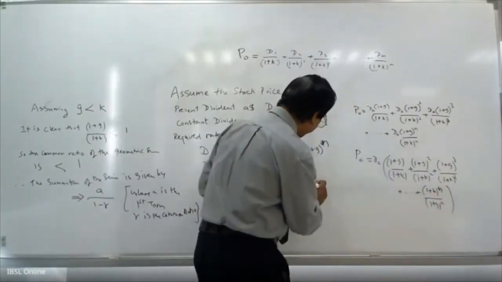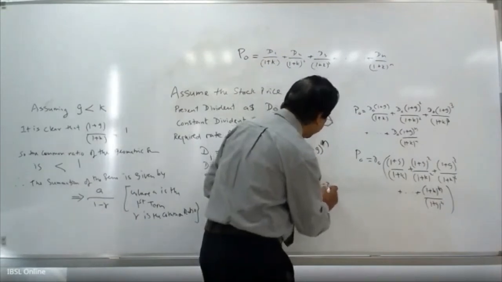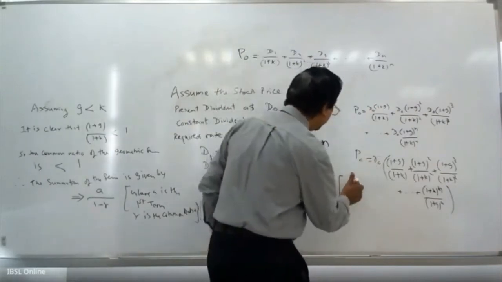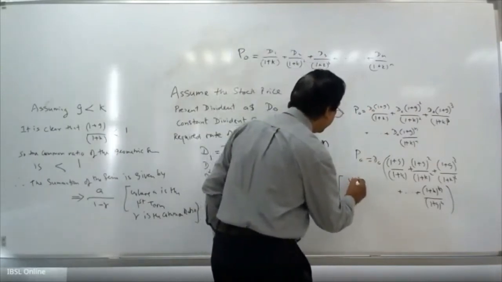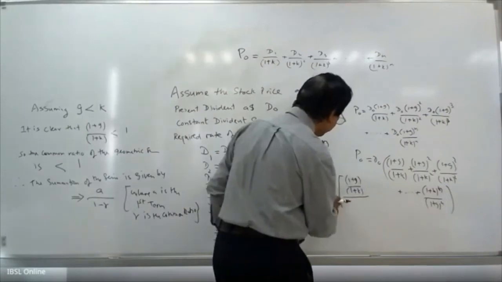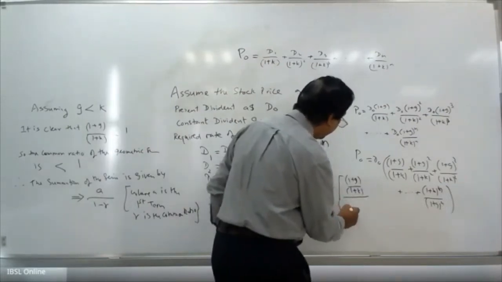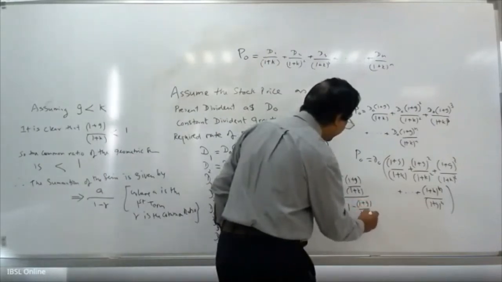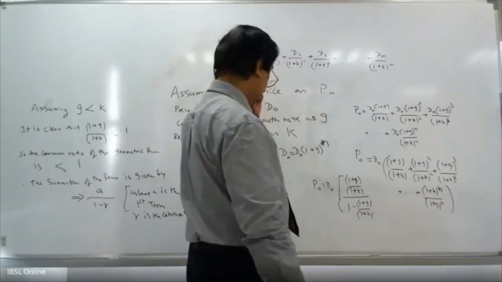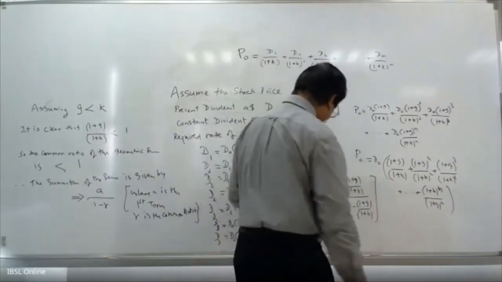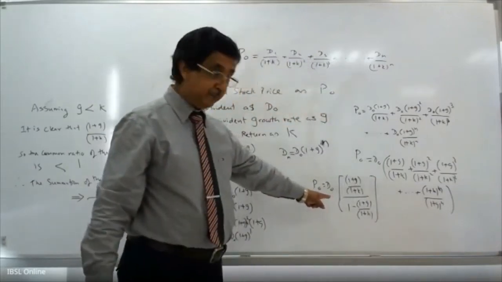Then I can see P0 is equal to D0 into A. A is 1 plus G divided by 1 plus K. Then 1 minus R: 1 minus 1 plus G divided by 1 plus K. Now this is the form.